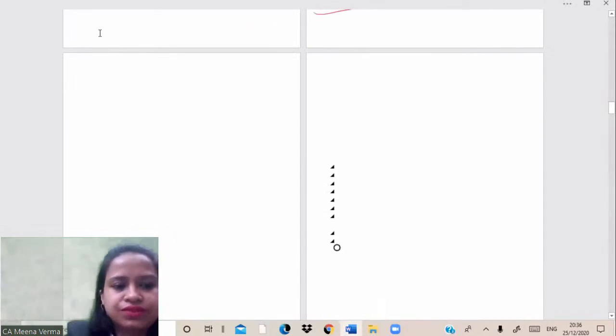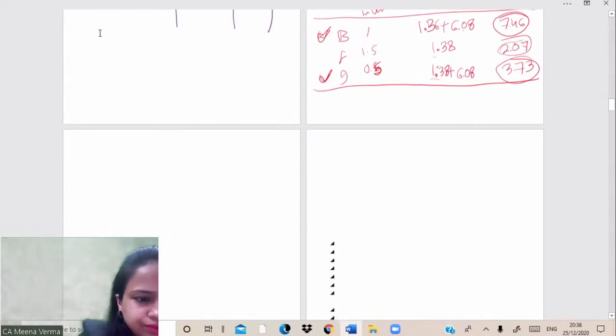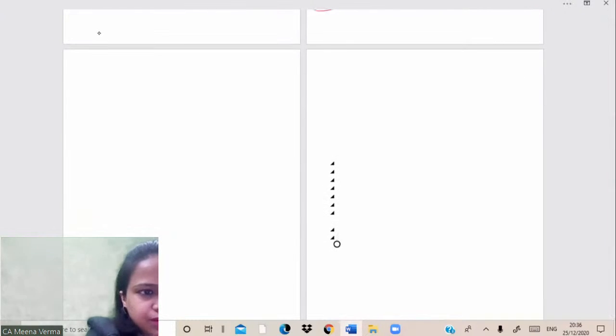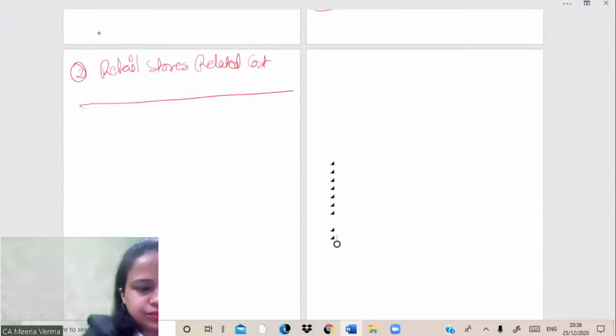This is the cost we are calculating for the retail stores. Second working note, retail stores related cost. We have 3 costs again. We will keep the refrigeration cost separately. We have labor related cost, है ना?